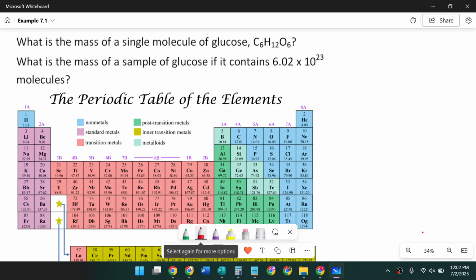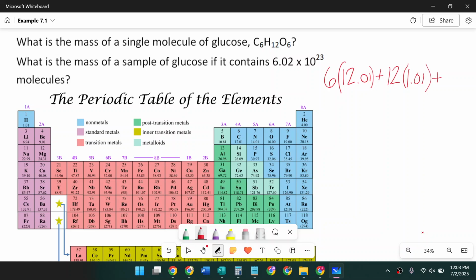To find the mass of a single molecule, we need to recognize that we have 6 carbons. Each carbon has 12.01 AMU, so we can multiply that by 6. And then we have 12 hydrogen, and each of those is 1.01 AMU, so we're going to multiply that by 12.